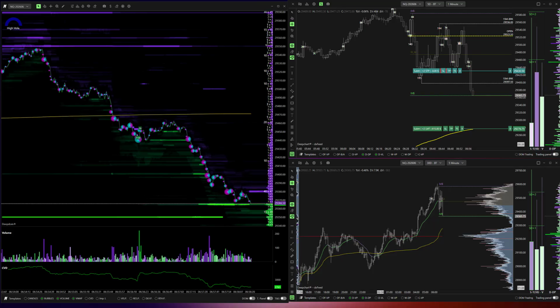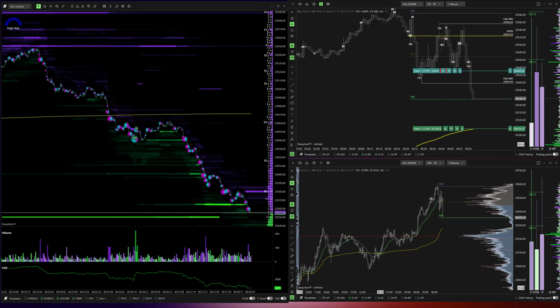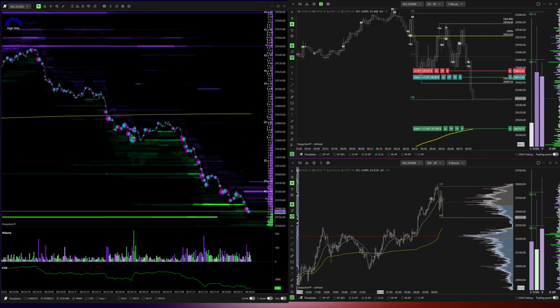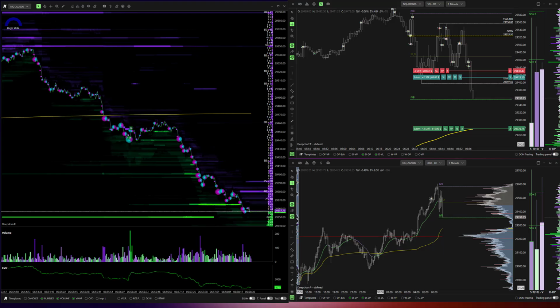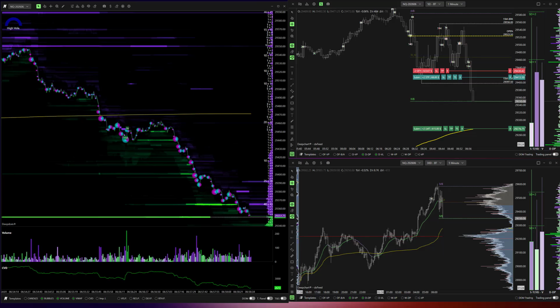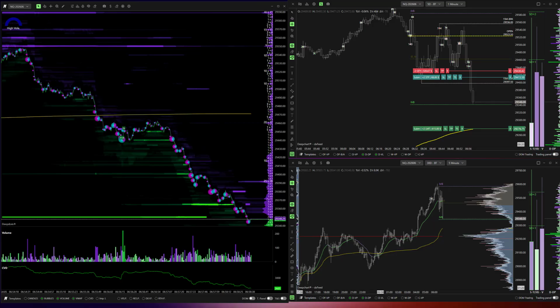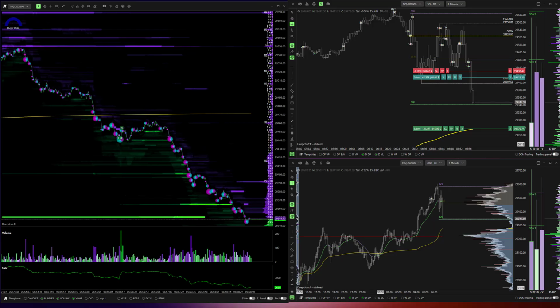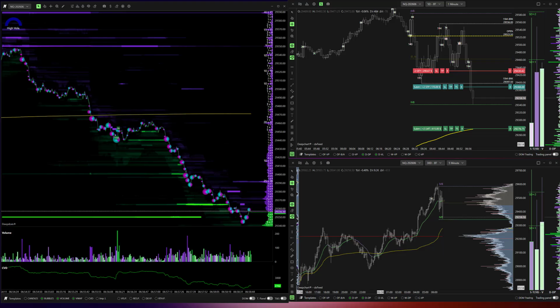As you can see in the heat map, there is significant resting liquidity below. What I learned from the past is that liquidity usually acts as a magnet. The trade worked great all the way to the low volume node target, but I never got the VWAP target. But overall, it was a good trade. I trailed my stop accordingly, and it was good.